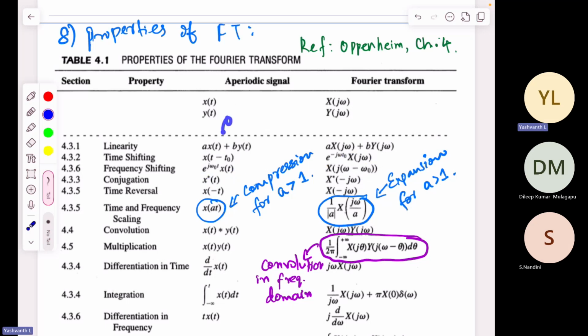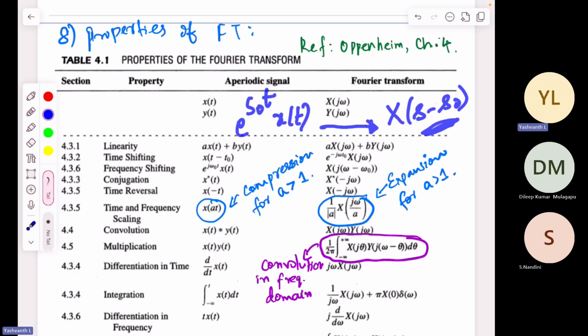In Laplace transform, what did we see? e power s naught t times x of t will have the corresponding Laplace transform x of s minus s naught. Now put s is equal to j omega and s naught is equal to j omega naught. That's the frequency shifting property.